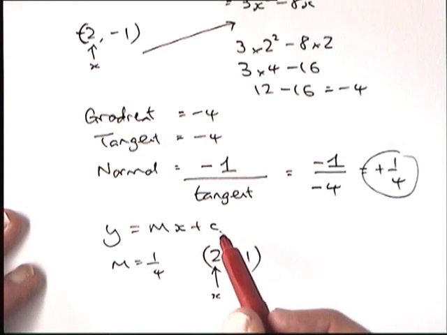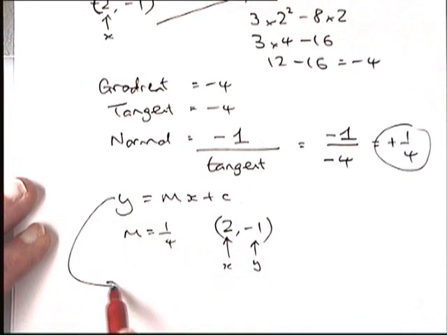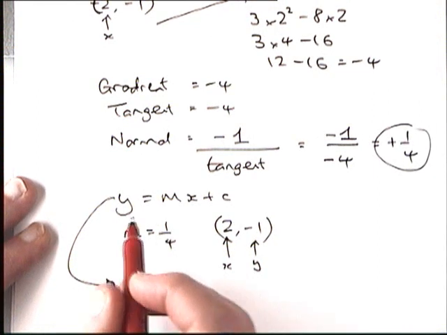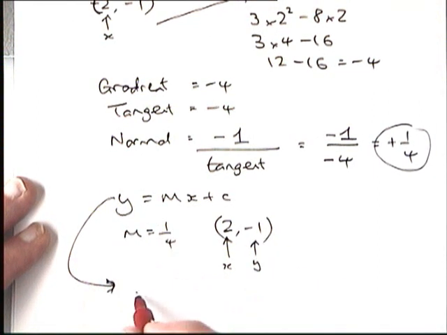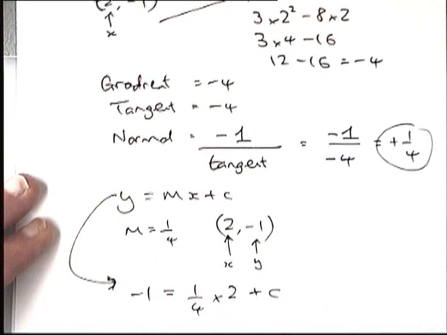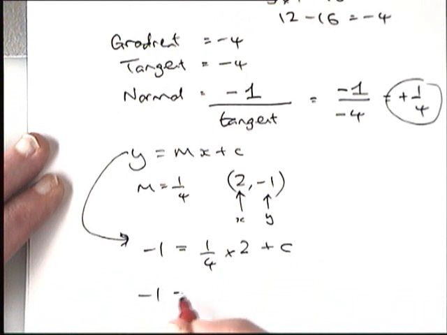The only thing I don't know is c. So I can rewrite this line, substituting in. Instead of y, I can write minus 1, then equals. m is a quarter, and the m is being multiplied by x, and x is 2, and then plus c. So I've got minus 1 equals a quarter times 2, which is a half, plus c.